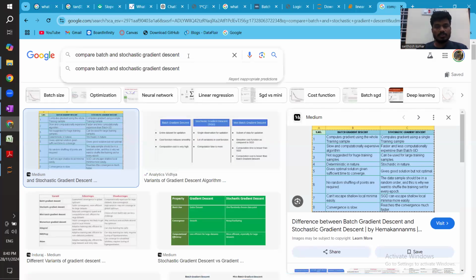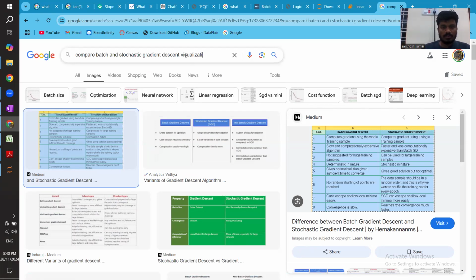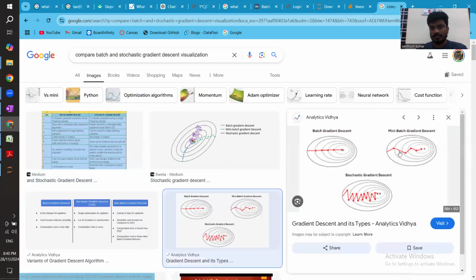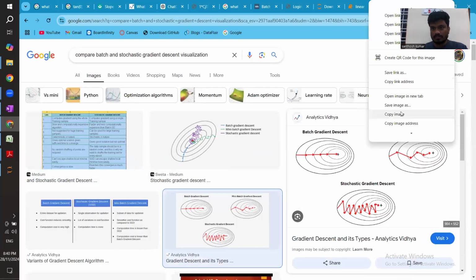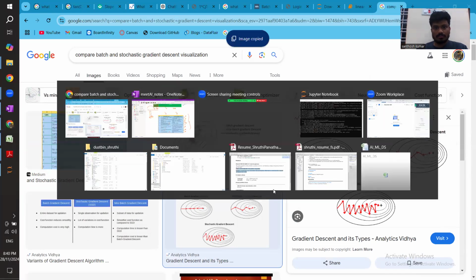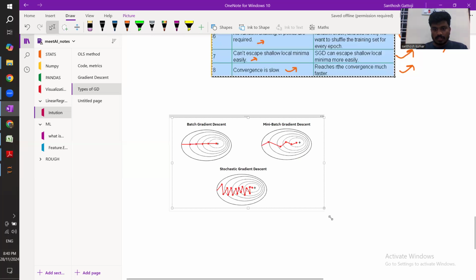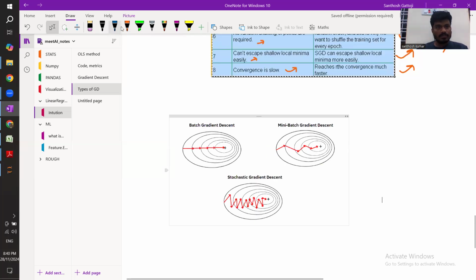And I will just show you one diagram of how these three look. Over here, this shows how each approaches the optimal solution.